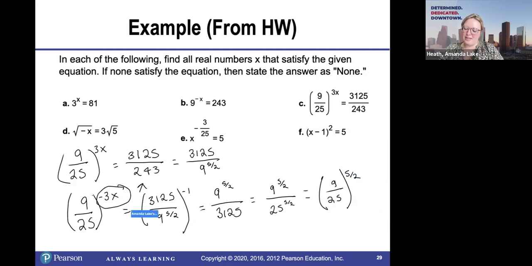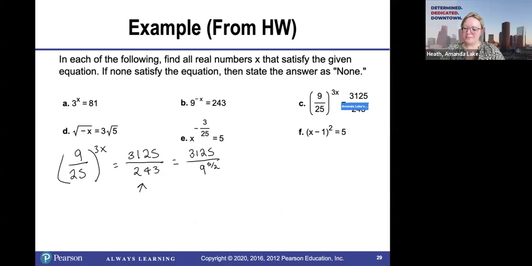So I now know negative 3x equals 5/2. If I divide both sides by negative 3, I get x equals negative 5 over 6. And again, you can check your answer by plugging negative 5/6 into our original equation.